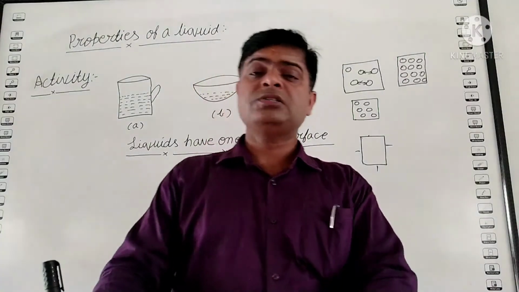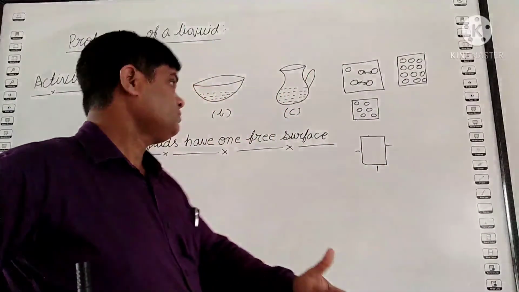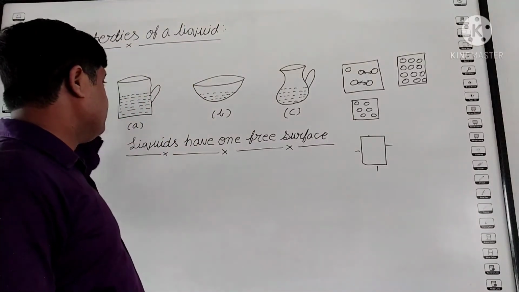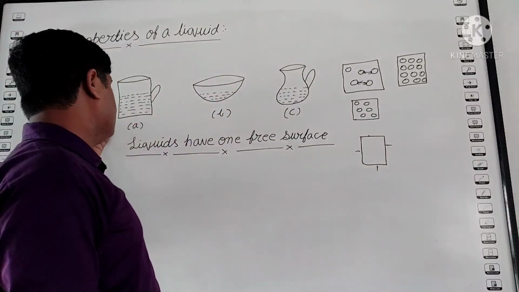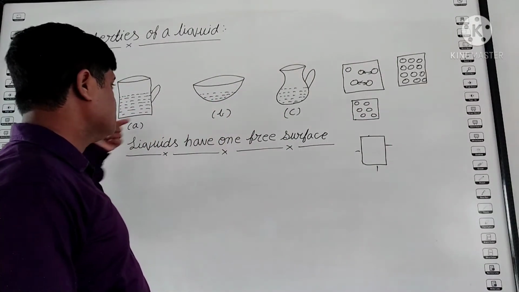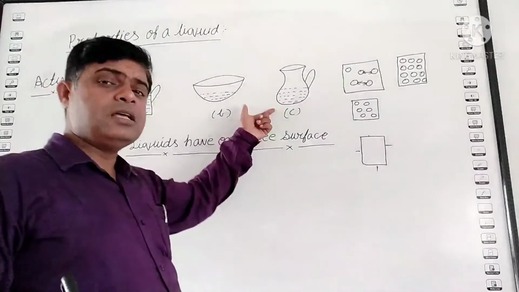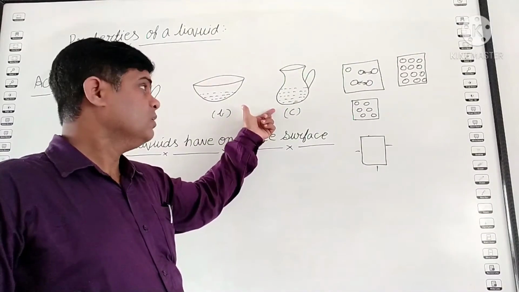Okay? Student, see, this is the activity. In this activity we take containers of different shapes. First one is the cup, second is the bowl, and third one is the jug. Clear?